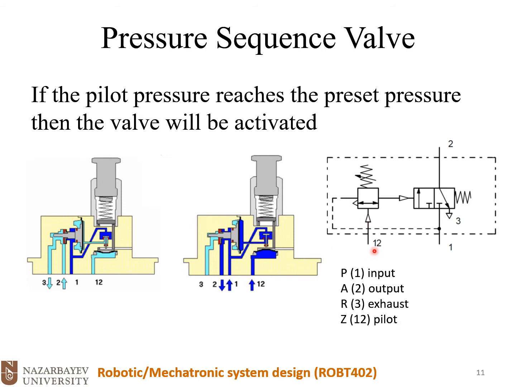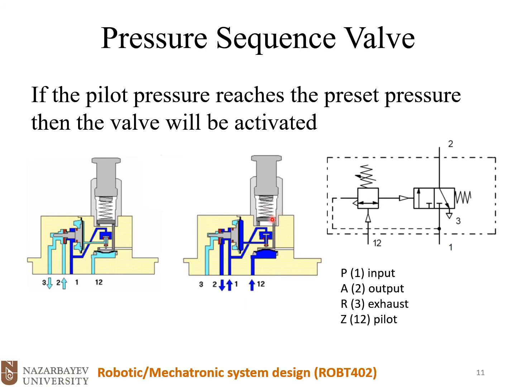So we have a pilot line, and when we send a signal and the pressure in this signal line, or the pilot line, reaches the preset value here, then the main valve will be activated. So what is the mechanism here? For example, here you could see that we have a spring.